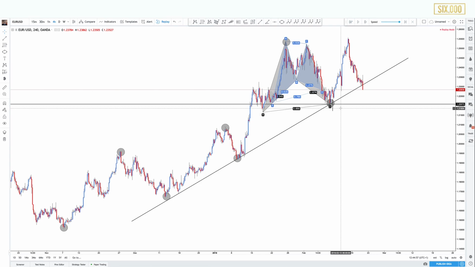We spoke about just basic price structures in the market. We spoke about support and resistance, trend lines, ascending and descending channels, and we're really looking for a close below to confirm the move lower. Now in this situation, if we got a close below, that could be a warning sign. It could be a sign that price is going to continue to the downside.